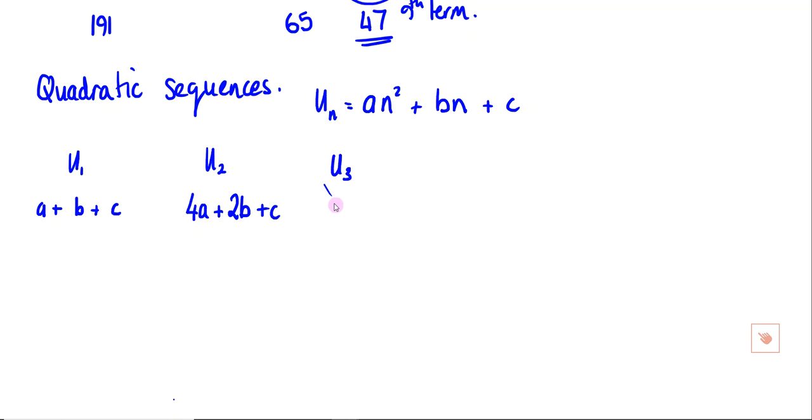What would u3 be? 9a plus 3b plus c. u4 would be, chucking 4 into there, 4 squared is 16, so 16a plus 4b plus c.